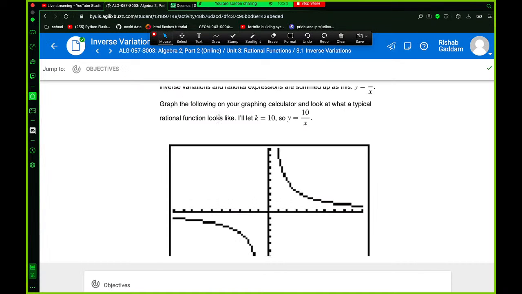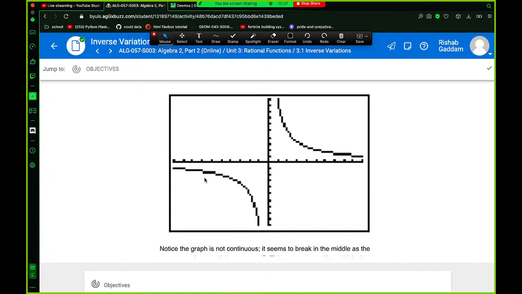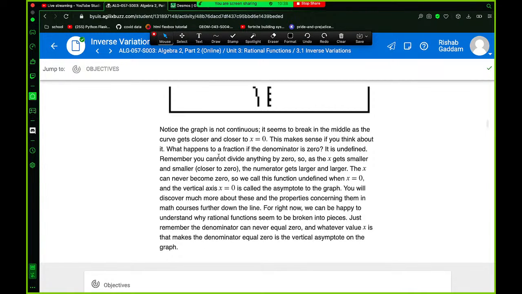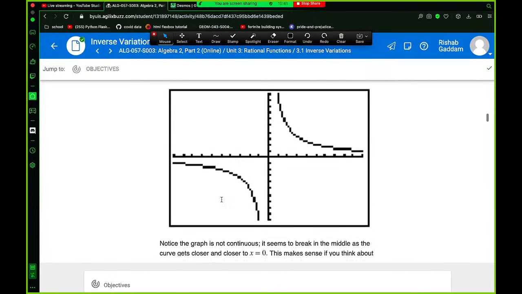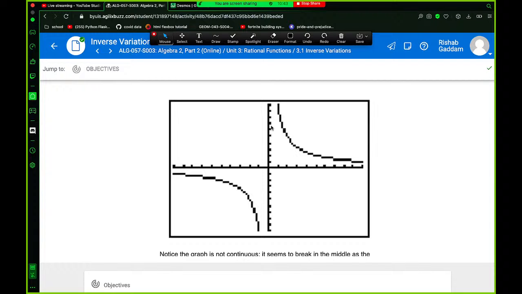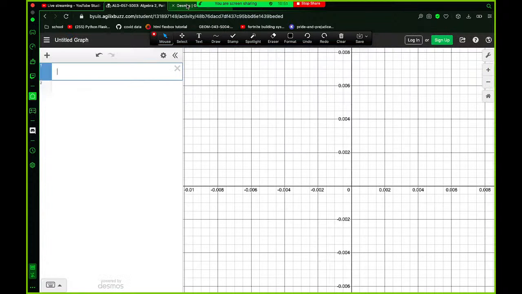So let's get back to discussing rational functions and inverse variations. Notice this graph is not continuous. It splits in the middle, and these curves never reach this axis or this axis. As you can see here, it gets super close, but it never actually reaches it.